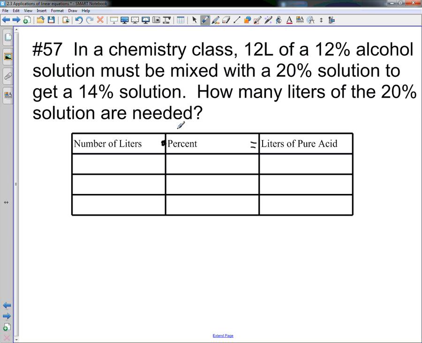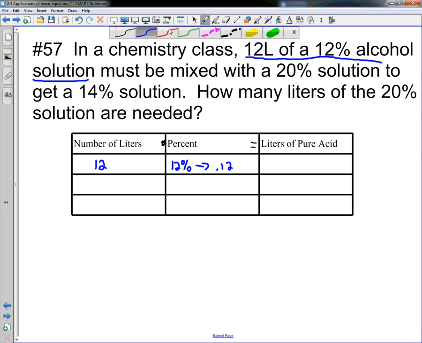So let's start with what our first statement says. It says we have 12 liters of 12% alcohol solution. Okay, so I have 12%, which converts to 0.12, and I have 12 liters. So that's my first statement.